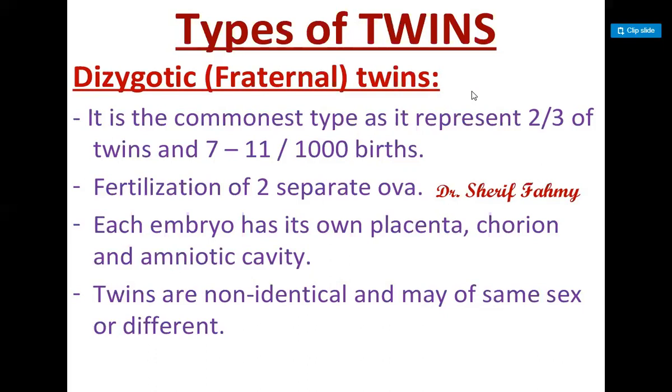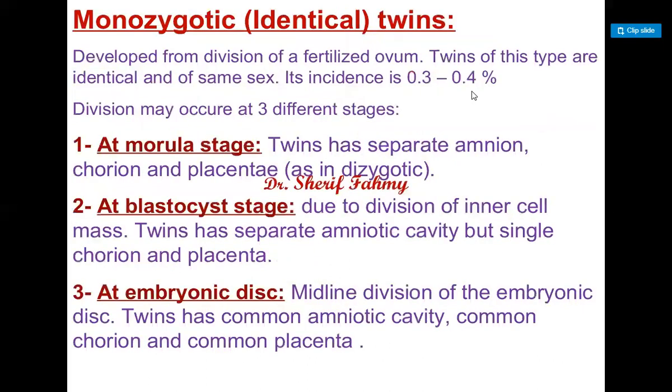That is, not similar. They may be of the same sex or different, and they are non-identical. And the monozygotic are identical twins. That is the word monozygotic I used. Developed from the division of a fertilized ovum, twins of this type are identical, similar to each other, and of the same sex.